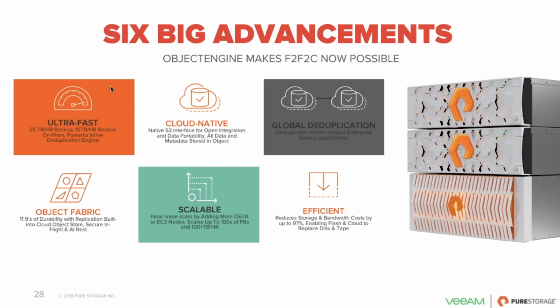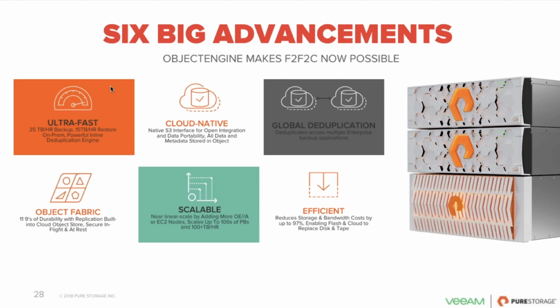Pure's third product, if you like, was actually an acquisition. We made an acquisition over a year ago of a product called StorageUse, which we then renamed ObjectEngine. This slide's a little bit busy, but ObjectEngine really is a scale-out S3 deduplication engine.